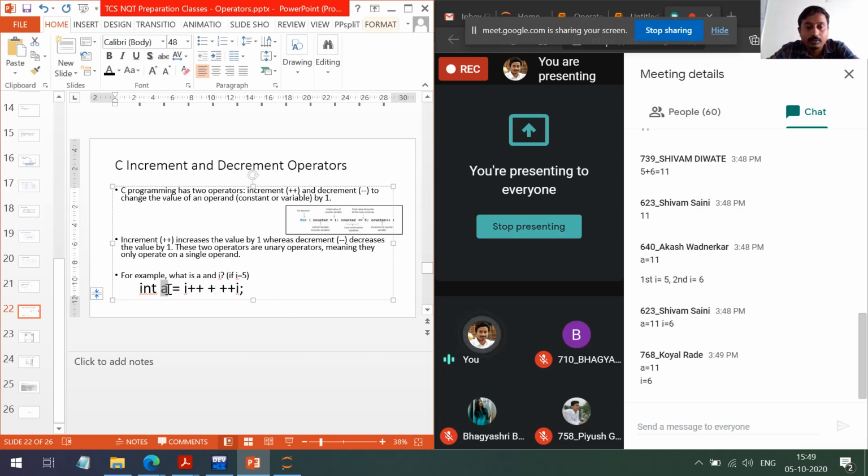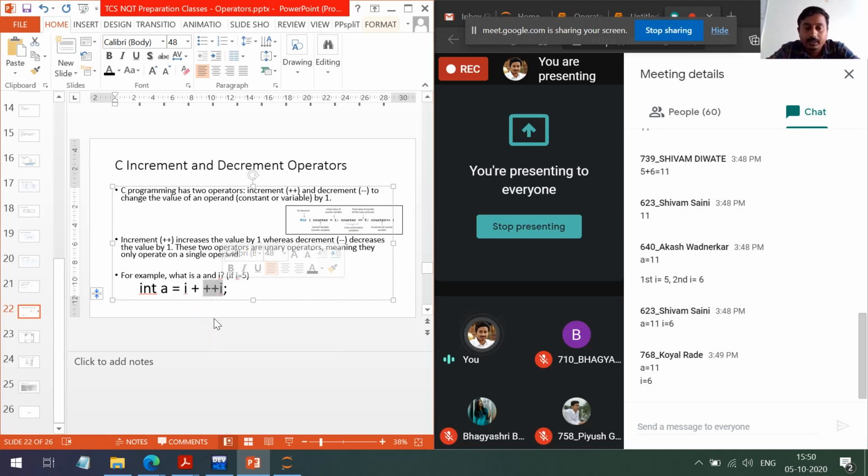What about a? So what is this? This is post increment. You increment the value of I after the execution of this statement. So this will get replaced by I only. Then we have pre-increment.